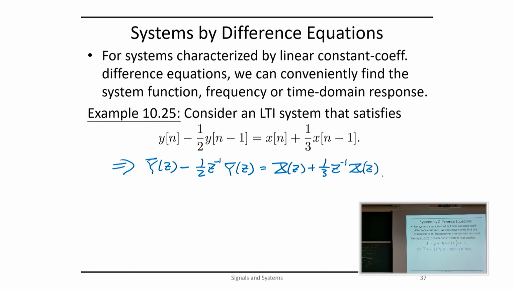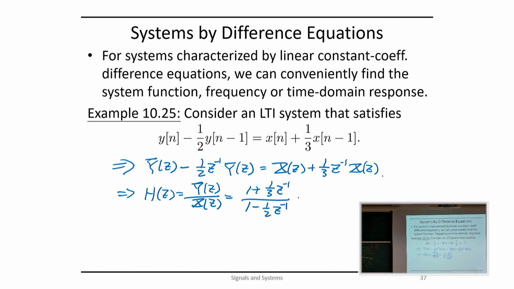By rearranging the terms, dividing X of z to the other side, you get H of z, which is Y of z over X of z. This is 1 plus 1/3 z to the minus 1 over 1 minus 1/2 z to the minus 1.